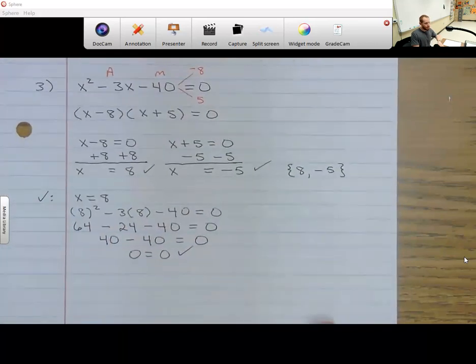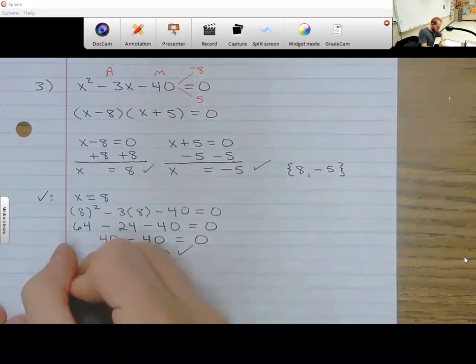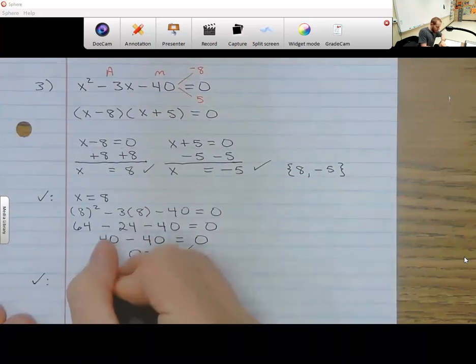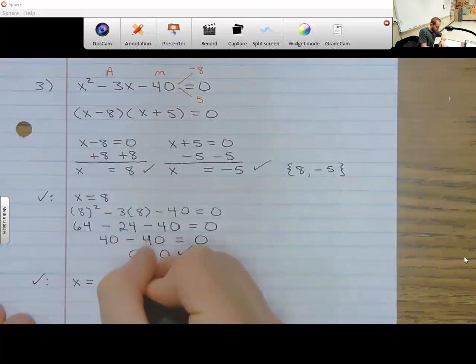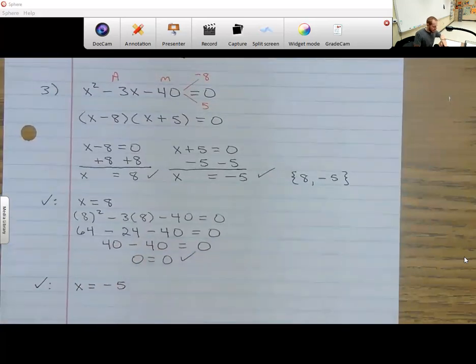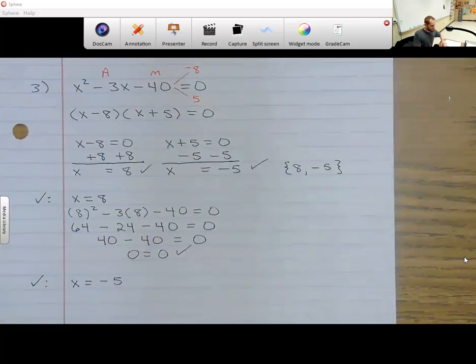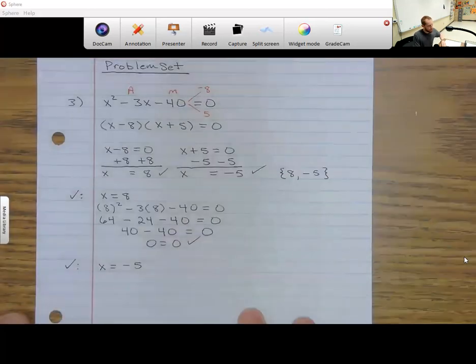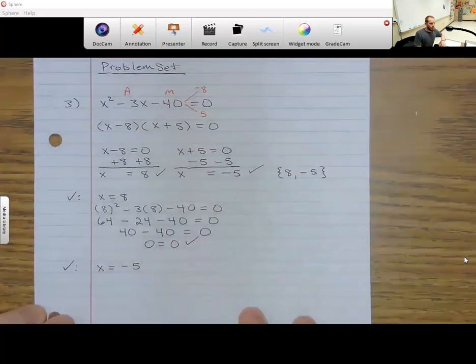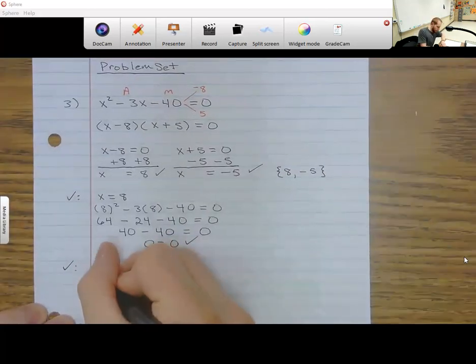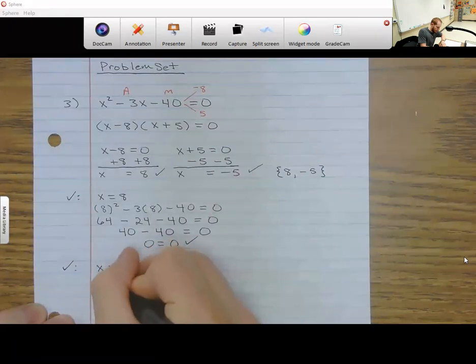Okay. Let's check the second answer. The second answer was negative 5. So x equals negative 5. What that means is everywhere I see an x in the original equation, I'm going to let that be a negative 5 and see what happens. Let me zoom out a little bit. So now I'm going to let the number inside the parentheses be negative 5.